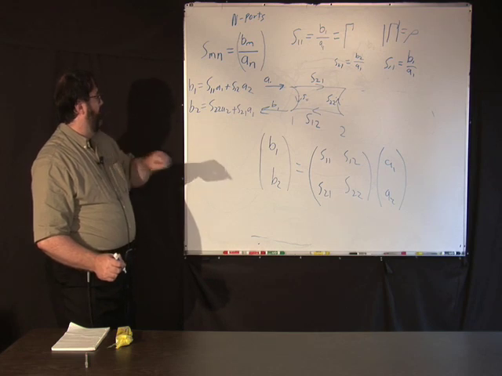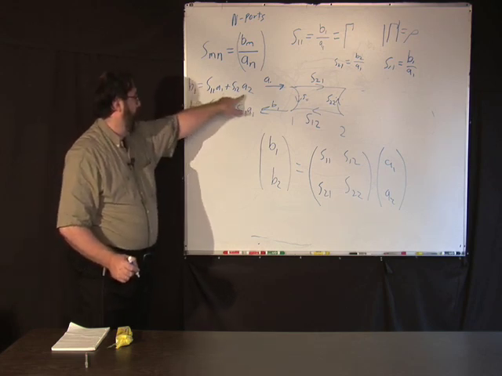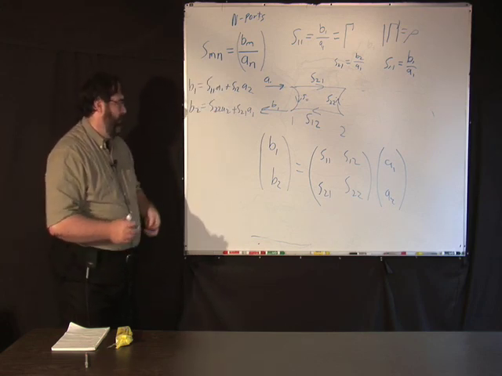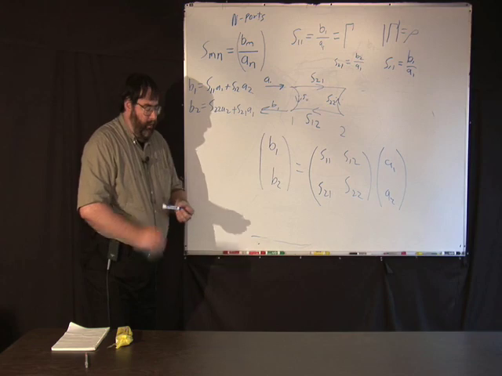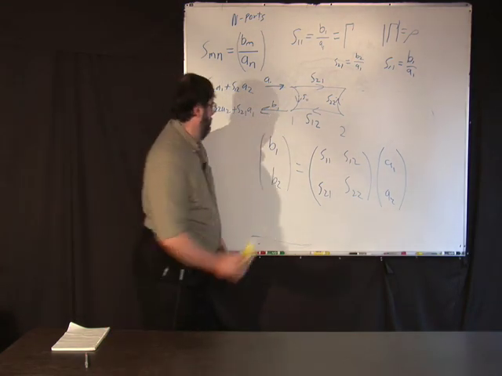So that's the general case. If you take A2 and set it equal to 0, you can solve for S11. That's where this came up before. Okay, let's say this represents an amplifier.